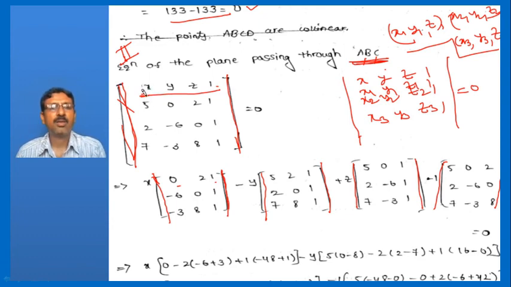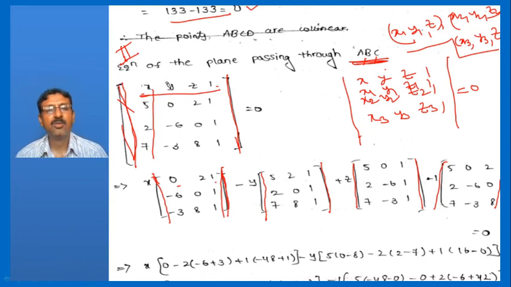I have taken the first element x into the 3x3 matrix. I have chosen the 3x3 matrix that remains after cancelling the first row and first column passing through x. So cancelling this and this, the remaining part is the 3x3 matrix. I have taken the determinant of the 3x3 matrix.